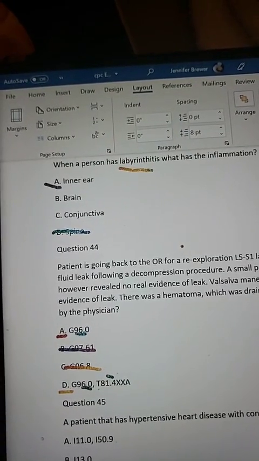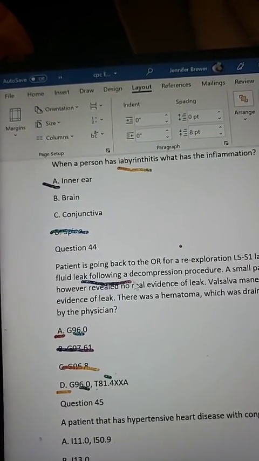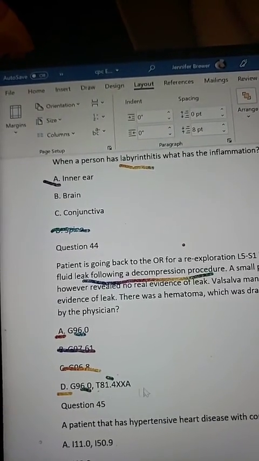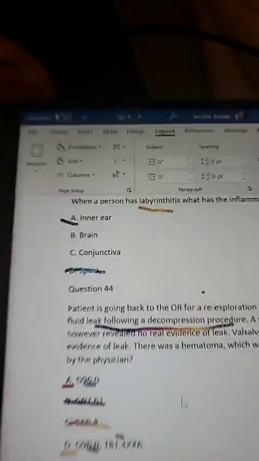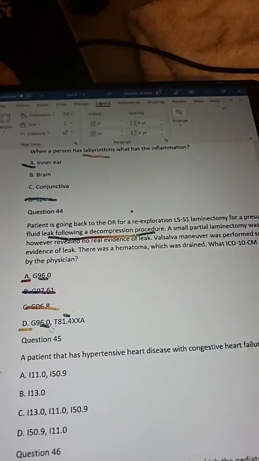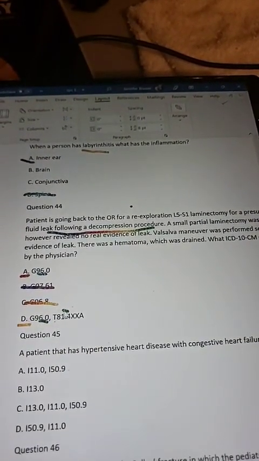So this one did have a leak following a decompression procedure. And if you look up that T81.4, I bet that's an external cause for having that leak after a pressure.